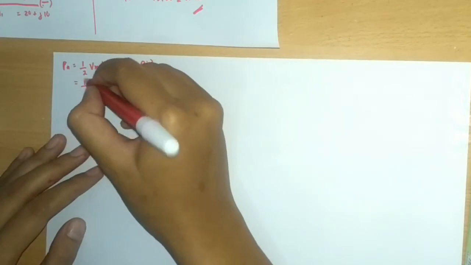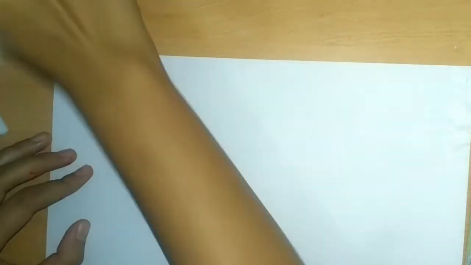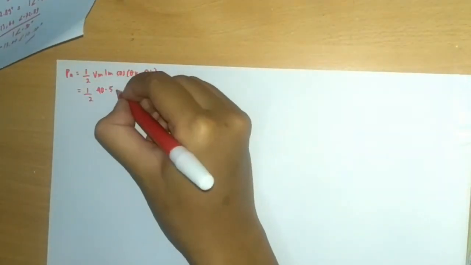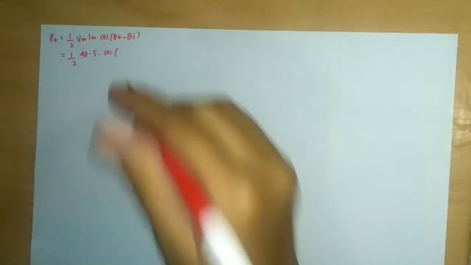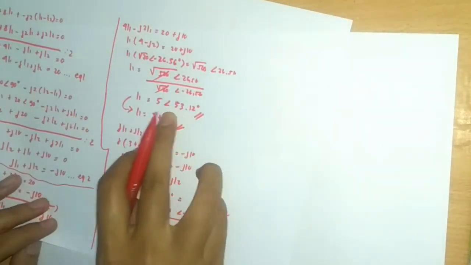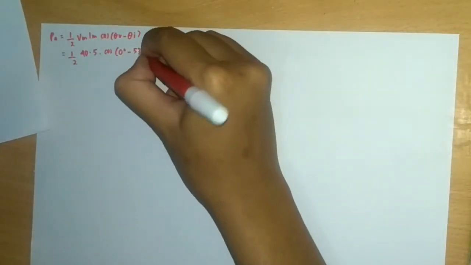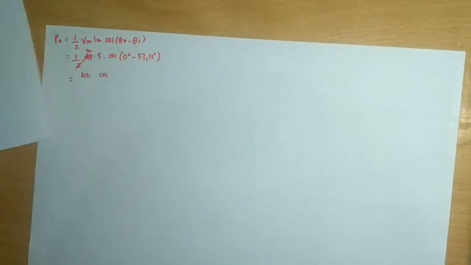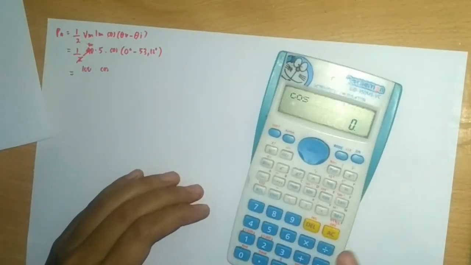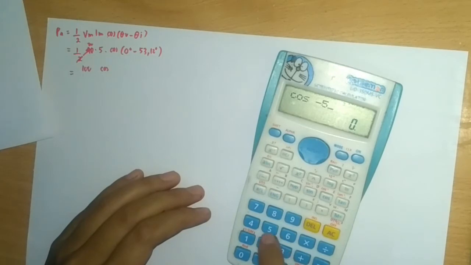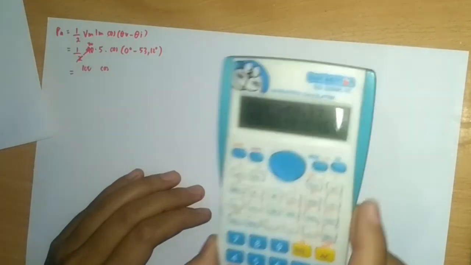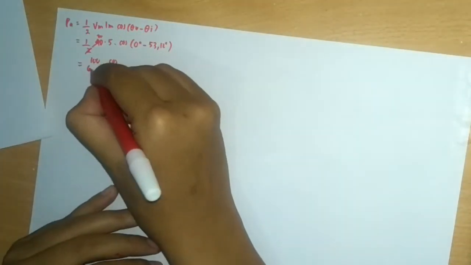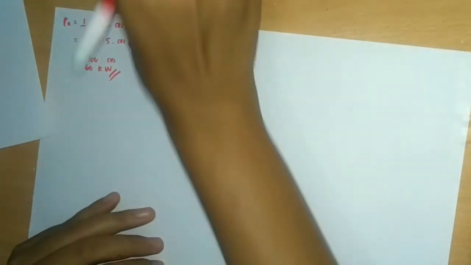So 1 divided by 2, Vmax is 40, Imax is 5, theta V is 0, minus theta I is 53.12 degrees, and we got cosine of minus 53.12, we got 0.6 multiplied with 100, and we got 60. That's 60 watts, and this is the result.